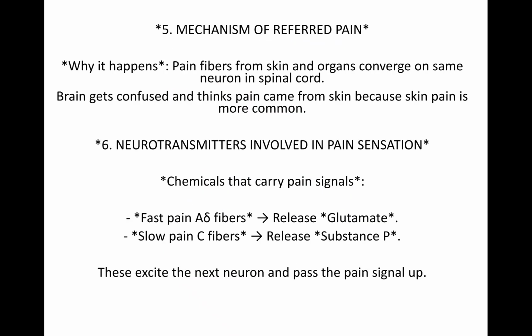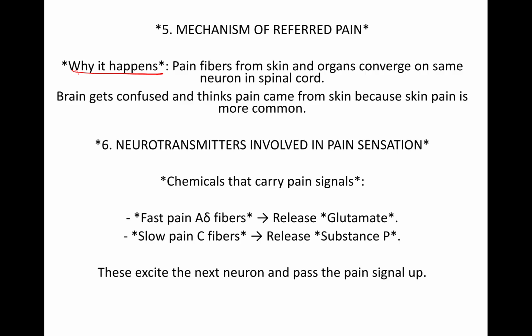Okay. Now the mechanism of referred pain. Why does it happen? Pain fibers from skin and organs converge on the same neuron. They both come to the same neuron in the spinal cord. The brain gets confused and thinks the pain comes from the skin because skin pain is more common.